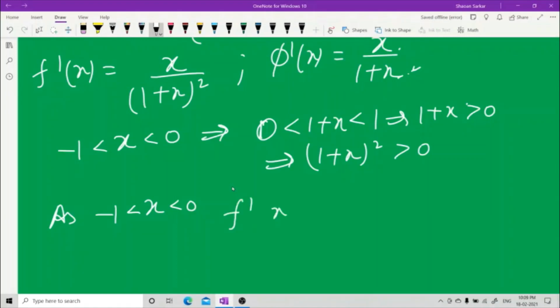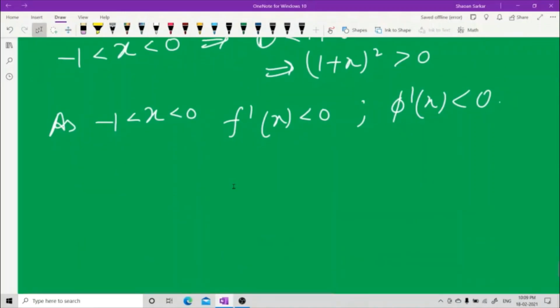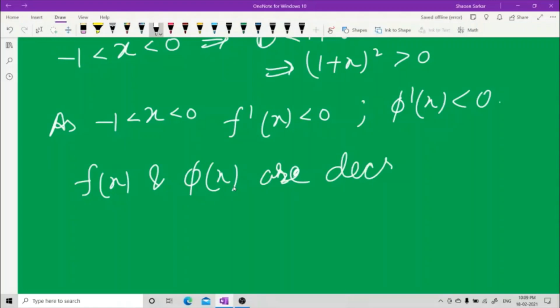Therefore f dash x is less than 0, and phi dash x is also less than 0, which implies f(x) and phi(x) are decreasing functions.